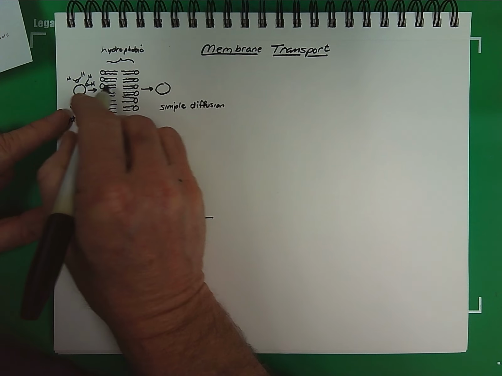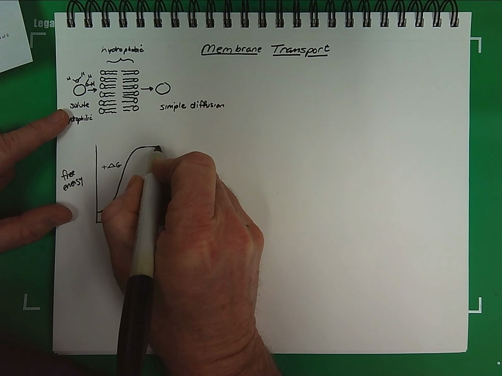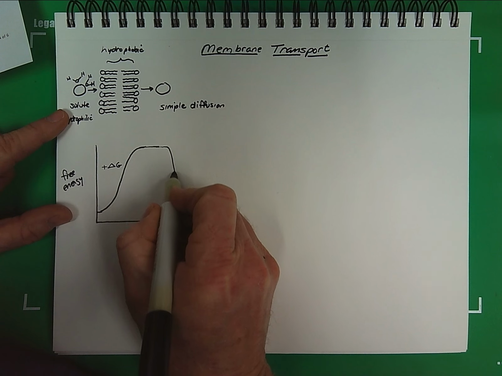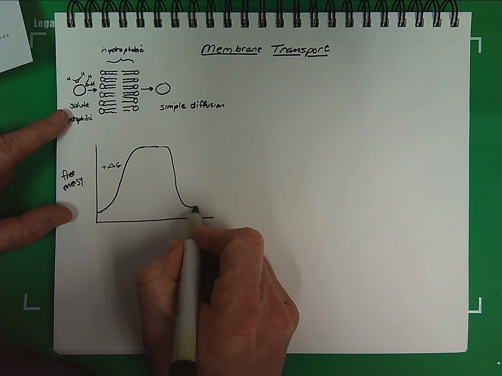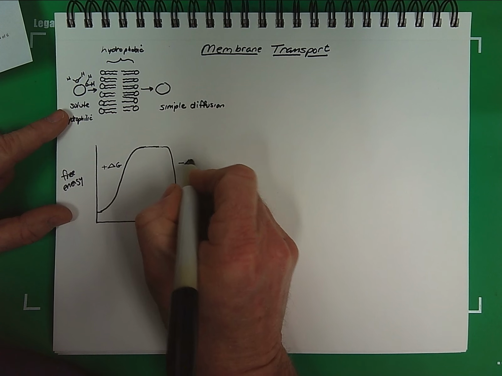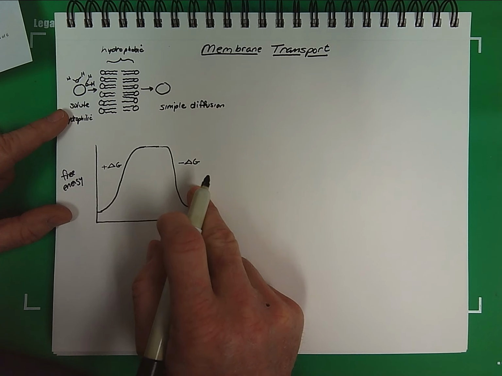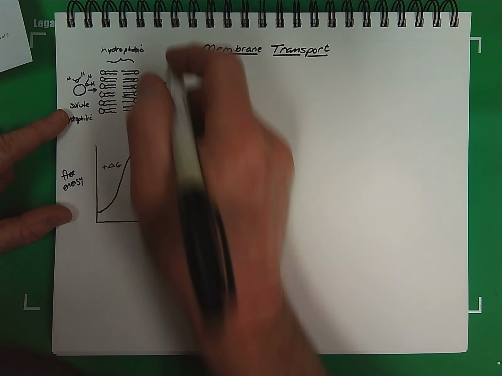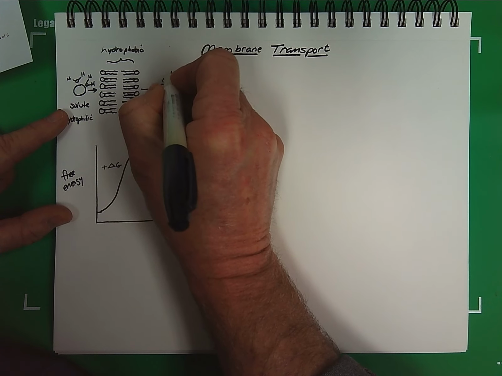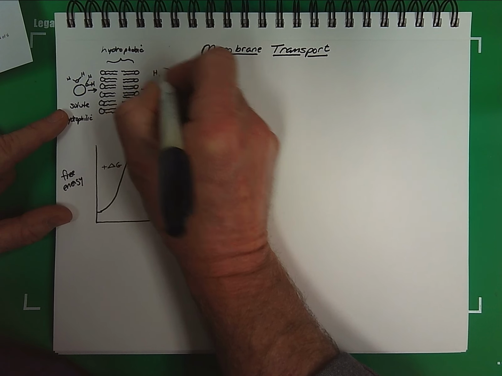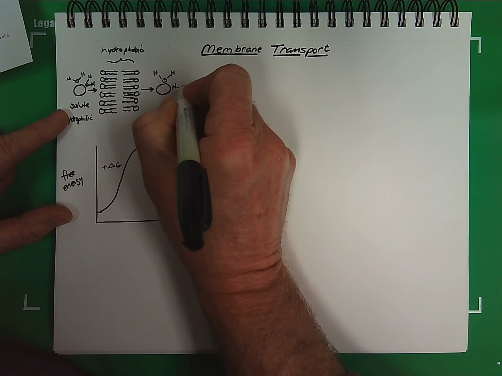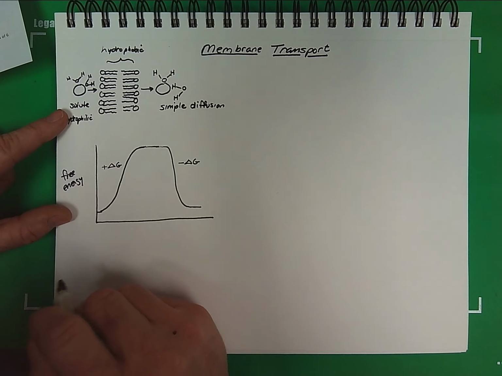As the solute traverses the membrane and comes to the other side, then we have a negative delta G. The free energy change here is the energy given off by the solute resolubilizing in the aqueous environment because it is hydrophilic.